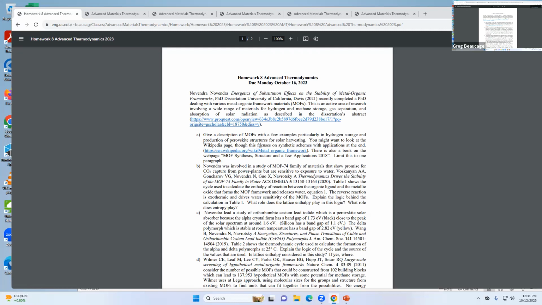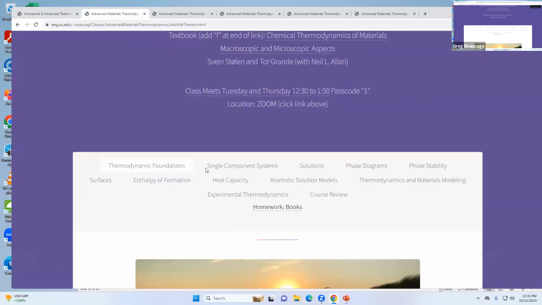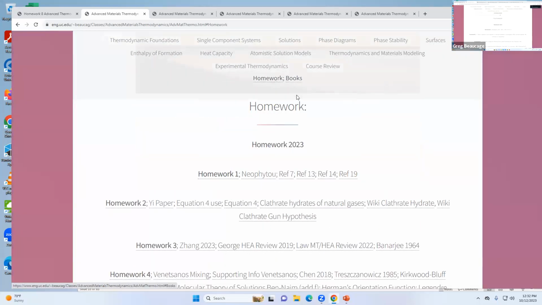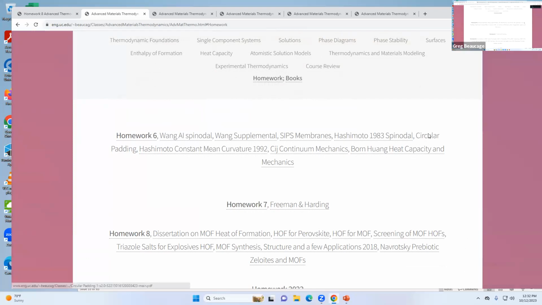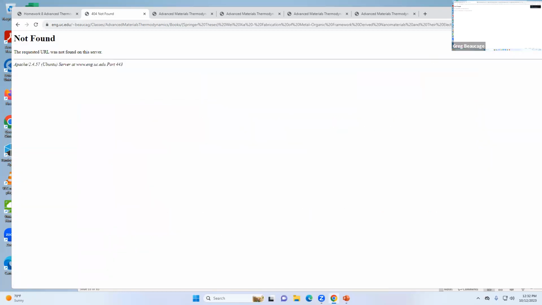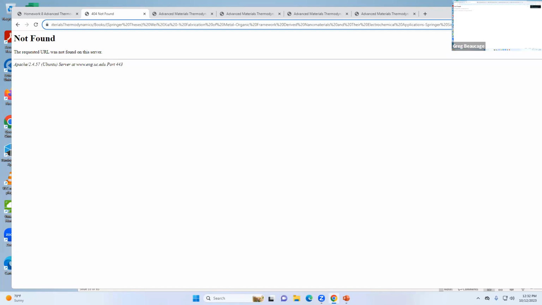This is just: what is a metal organic framework? There's a wiki page, and then there's this book here that should be working now, on structures and applications. It's a collection of papers or something.